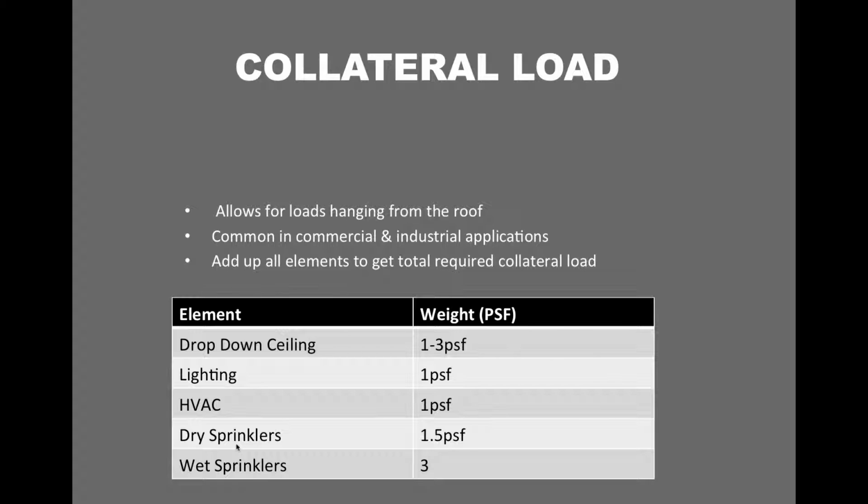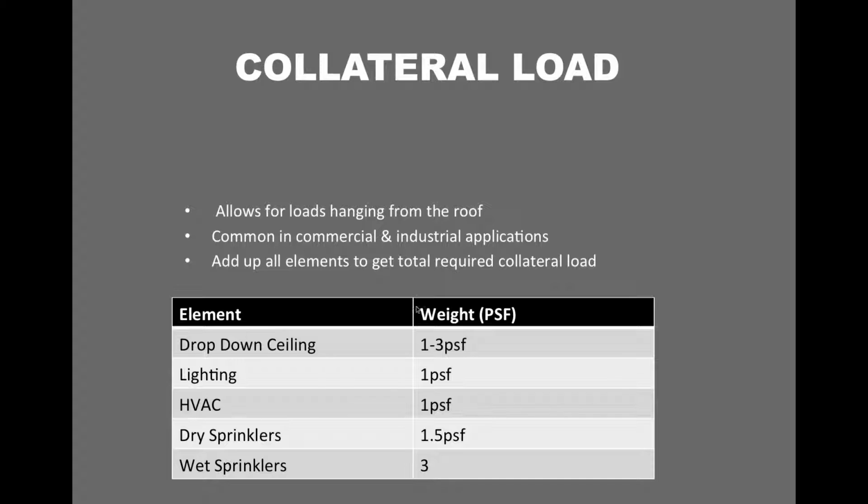Those have to be accounted for because they have a load that's going to weigh on the building. So it has to be accounted for in the design process. That way, if you have wet sprinklers and your contractor goes and hangs those, the building won't fall down. I mean, that's obviously an extreme example, but that's kind of why they do it.